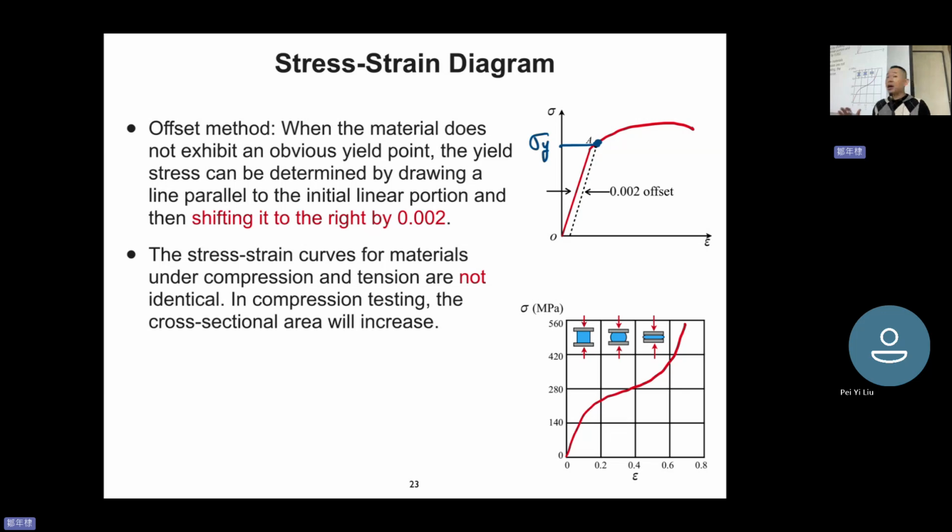Their behavior is totally different. Some materials are good in tension but bad in compression. What kind of material is that? Concrete. Our concrete is good at tension, but bad at compression.